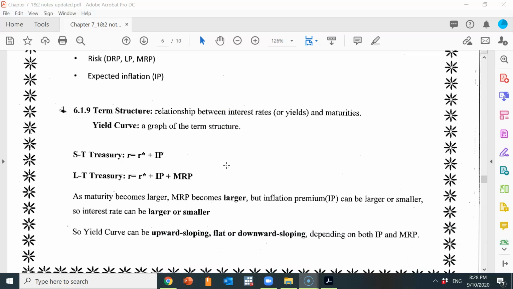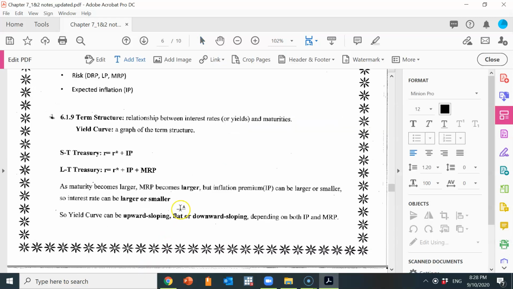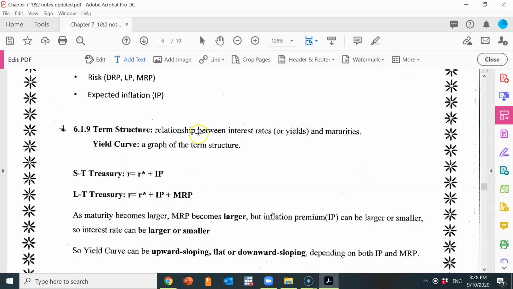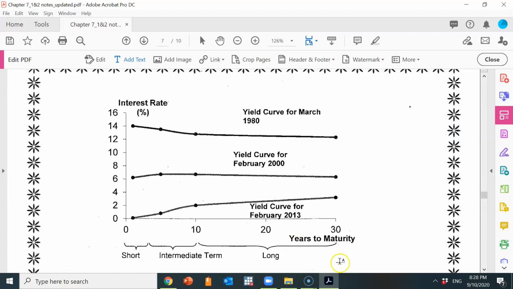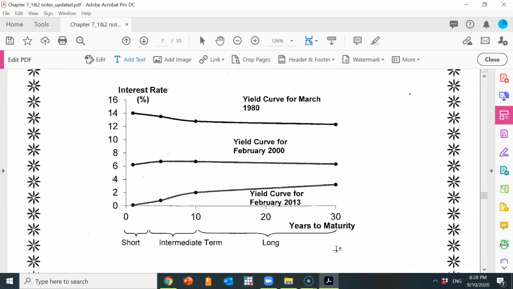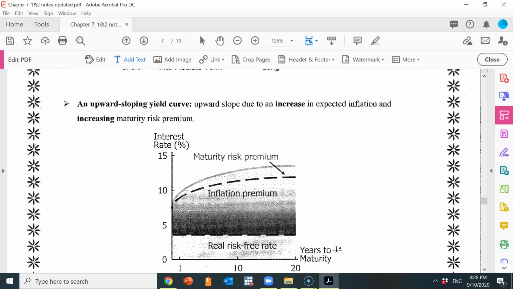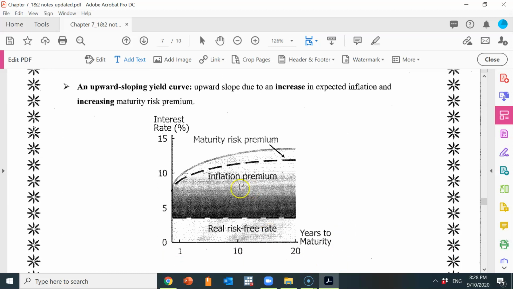For term structure and yield curve, we talked about that term structure is just the relationship between interest rates, R, and years to maturity, T. Typically when T goes up, IP and MRP go up, so the interest rate R goes up.